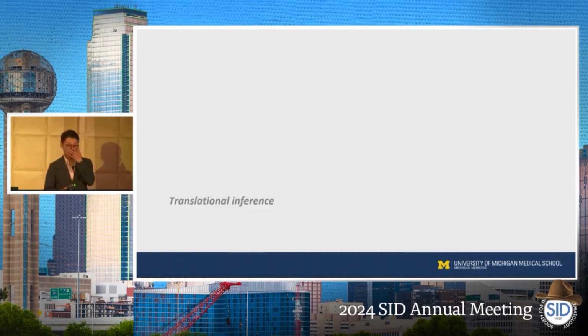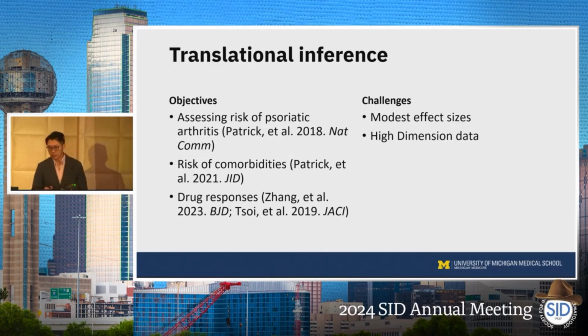So I'm going to switch gears a little bit, talking about the genetic application on making translational inference. As I mentioned, there are different ways that you can think about how to use genetic data to provide translational applications.